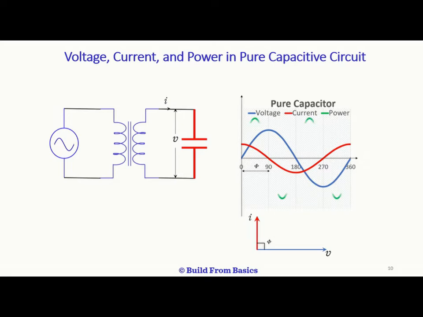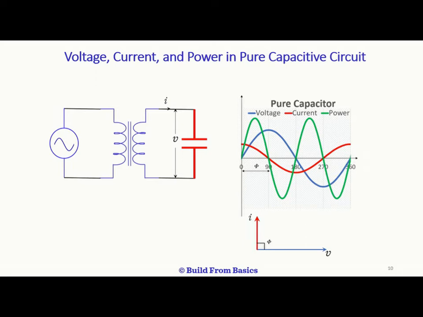Now, let's look at the instantaneous power. Similar to the inductor, in the capacitor also, the instantaneous power pulsates between positive and negative half cycles, and the frequency of this power is double the frequency of the voltage.